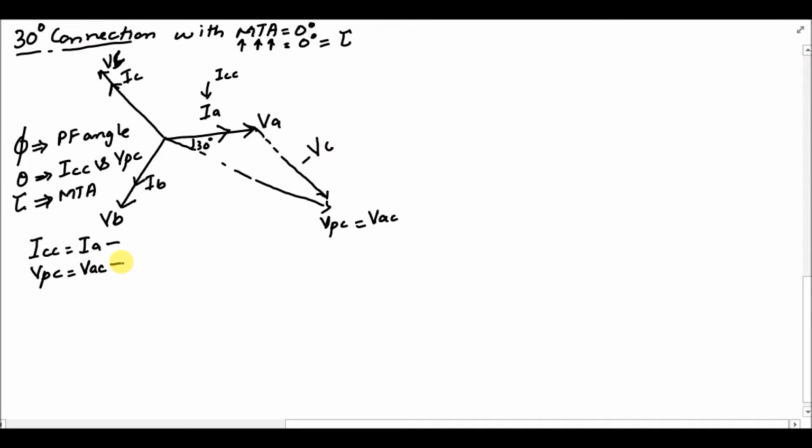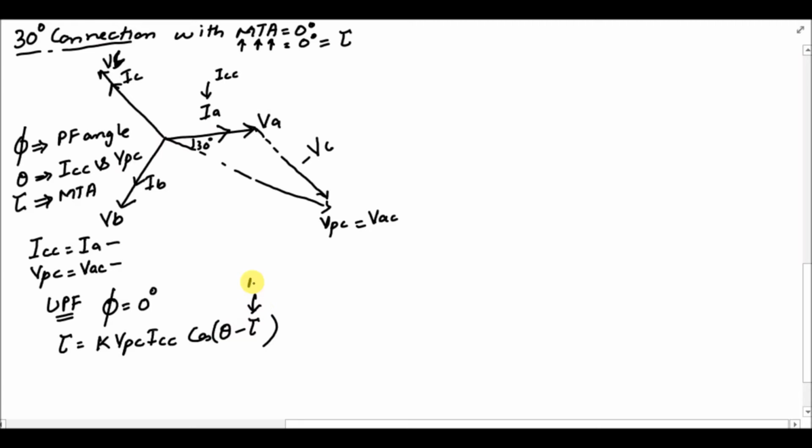Now in order to find the torque value at unity power factor, first I will be considering phi equal to 0 degree. And from the previous explanation we know that the torque value for this type of relay will be equal to K VPC ICC cos(theta minus tau).